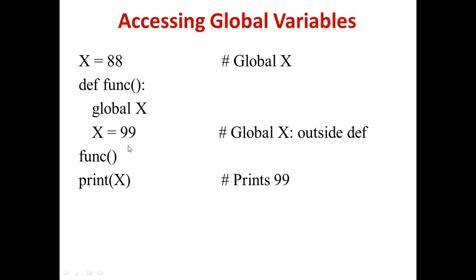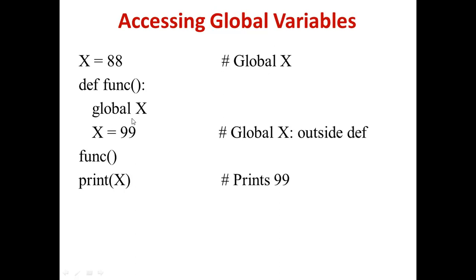Then I'm calling the function and printing that value. When you print it outside, it prints whatever the new value is. Since we have declared it as global here, this will act as a global.